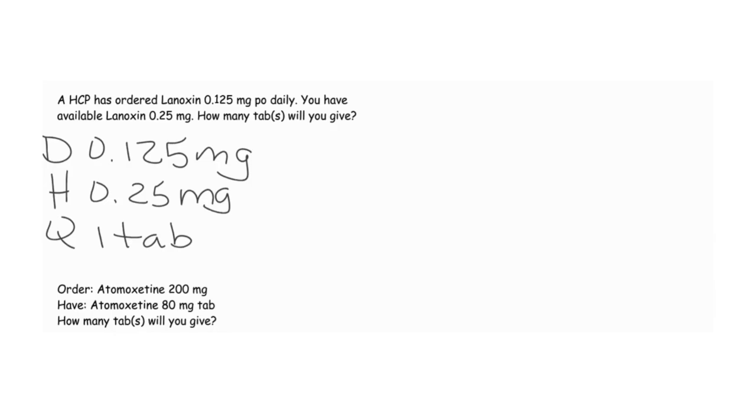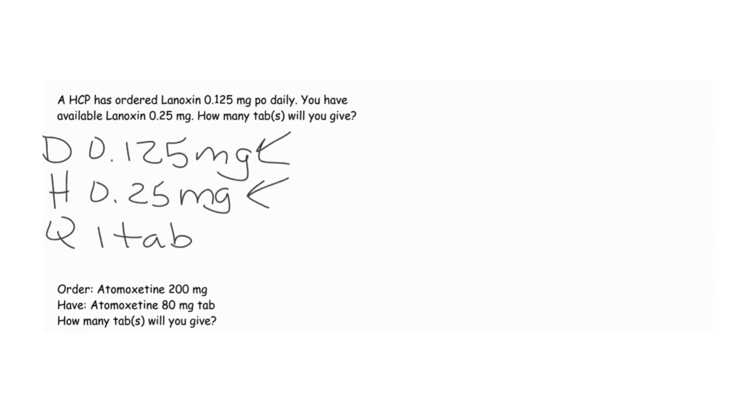Let's check our units of measurement to see if they are in fact the same, which they are, milligram to milligram, so we do not have to convert anything. Remember, if you don't have the same unit of measurement, say you have gram and milligram, you need to convert. But in this case, we do not have to convert, so we can plug in our values and calculate.